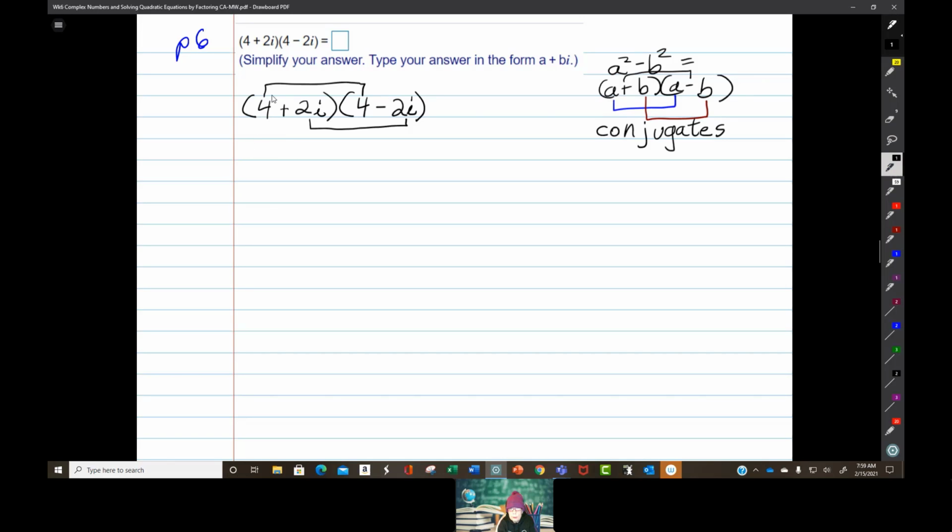All right, we're going to multiply. Okay, let's start over. 4 plus 2i times 4 minus 2i. 4 times 4, 4 times minus 2i, plus 2i times 4, and plus 2i times minus 2i.